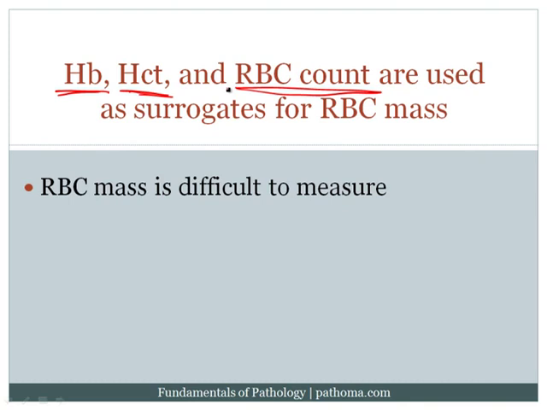And so again, another reason why these are just surrogates. But for the purposes of what we want to consider, I think that the hemoglobin and hematocrit and the red blood cell count are relatively useful for determining red blood cell mass.